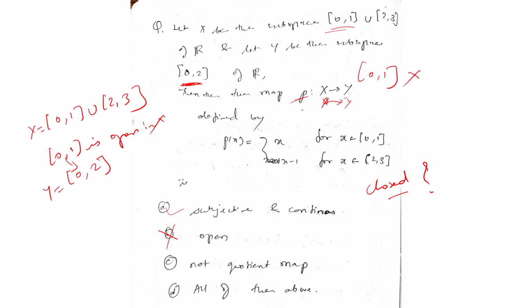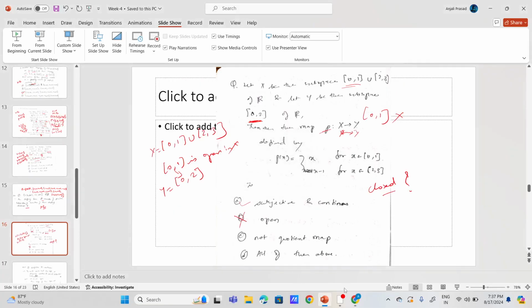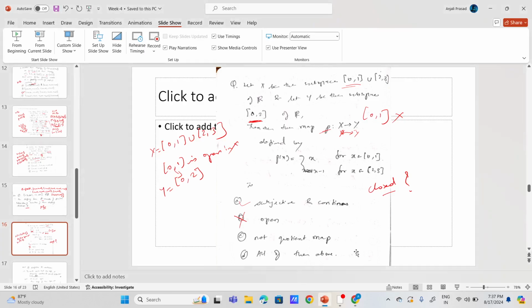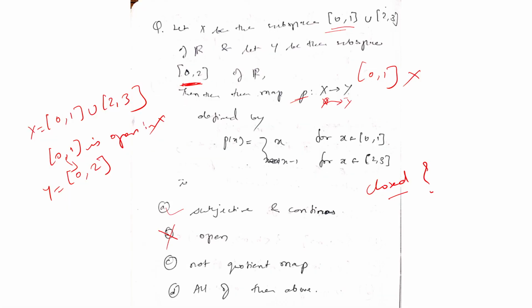What is needed for closed? Yes, the image of a closed set should be closed.